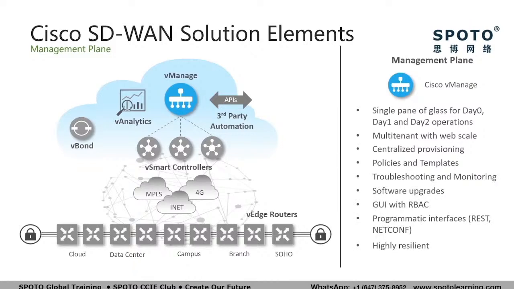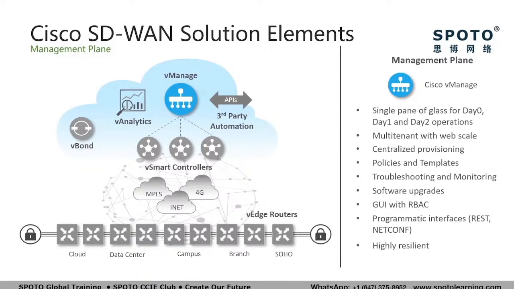Cisco vManage provides a single pane of glass for day 0, day 1, and day 2 operations. Its multi-tenant web-scale architecture caters to the needs of enterprises and service providers alike.